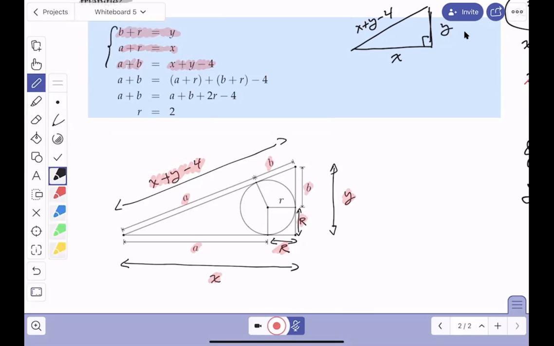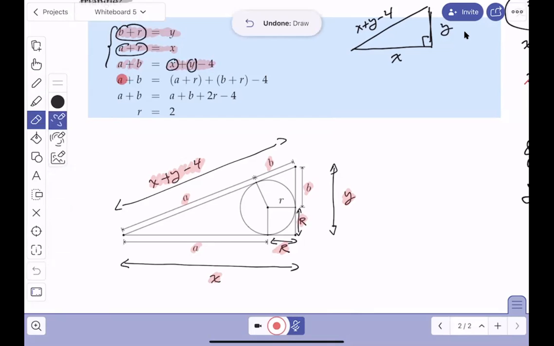I'm looking at this, and I'm starting to think to myself that B plus R is just the Y, and maybe it's going to work. And A plus R is just the X. So I plugged it in and I got to this line over here. And I'm not saying this is easy.